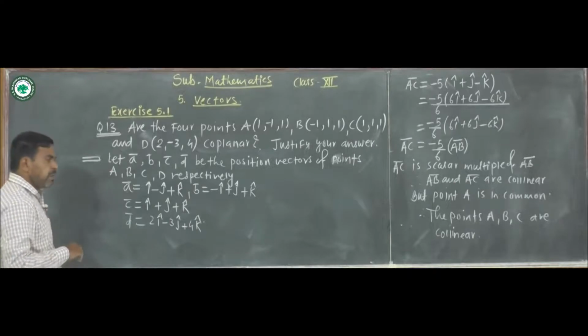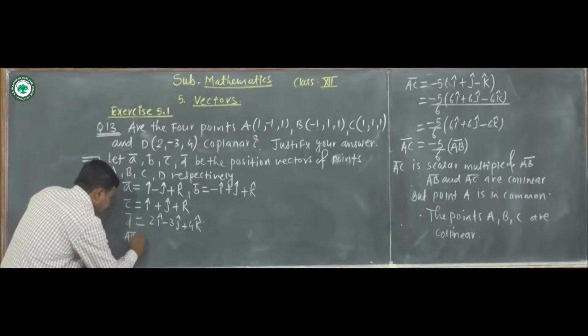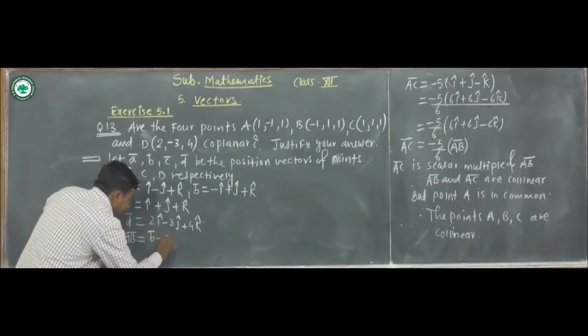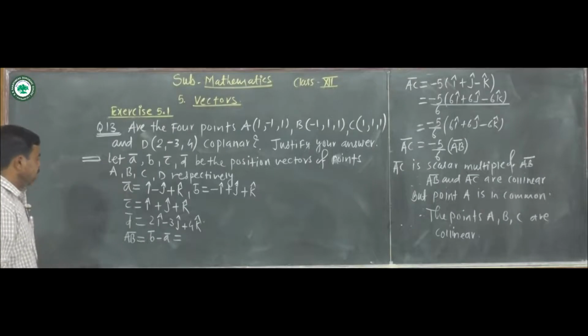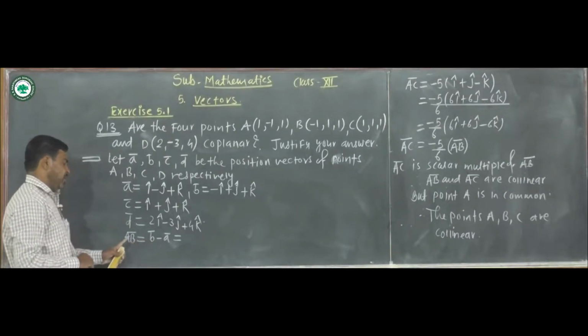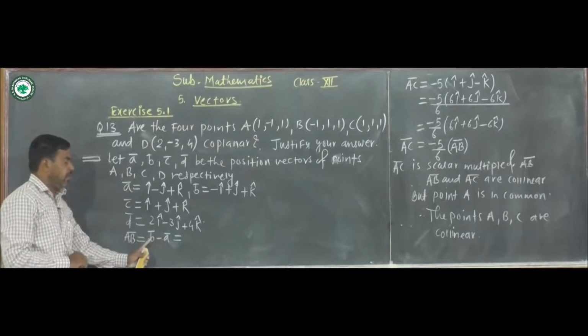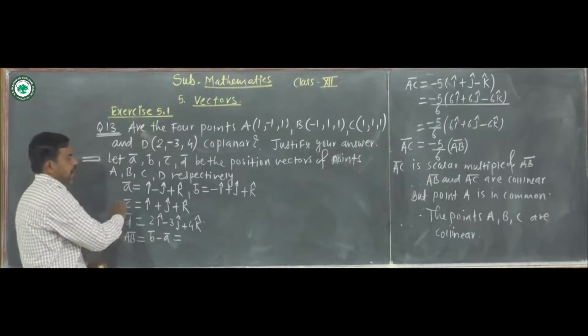Now find out AB bar, AC bar and AD bar. Now AB bar is equal to b bar minus a bar, that is, the position vector of point B minus the position vector of point A. See here, b bar minus a bar.